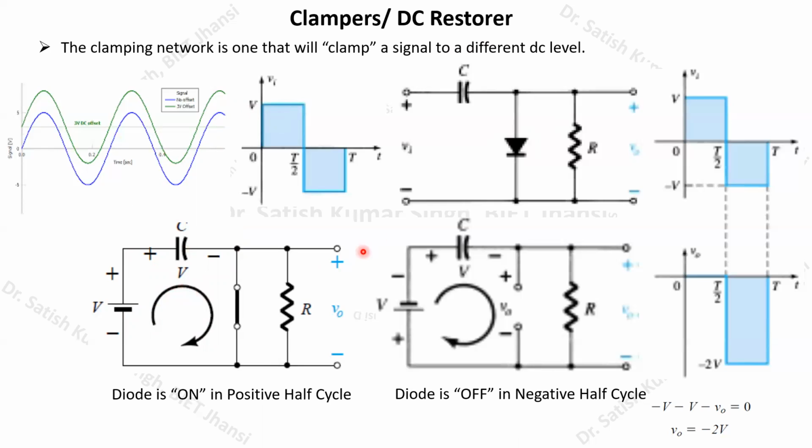Similarly, consider the negative half cycle. Earlier, in the positive half cycle, this capacitor was charged. Now this diode will become reverse biased when the negative half of the cycle comes, and it will become an open circuit.